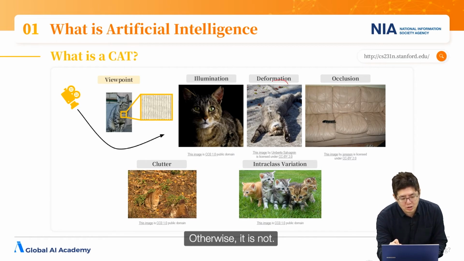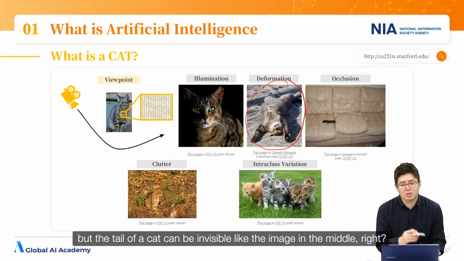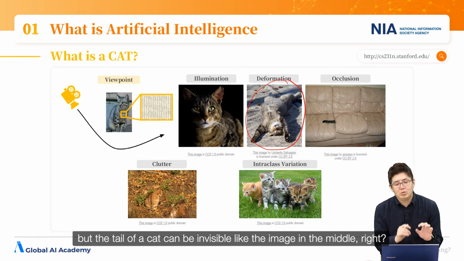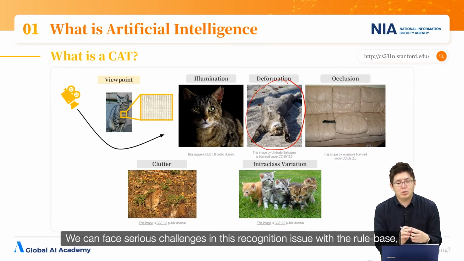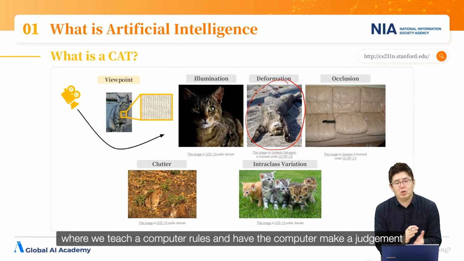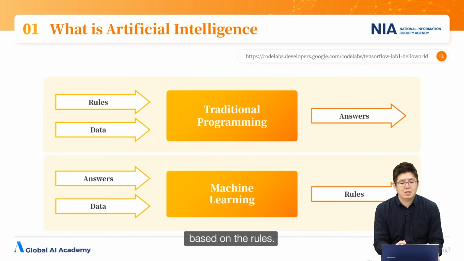Otherwise, it is not. We talked about a tail earlier, but the tail of a cat can be invisible like the image in the middle, right? Then, the rules become useless. We can face serious challenges in this recognition issue with the rule base, where we teach the computer rules and have the computer make a judgment based on the rules.